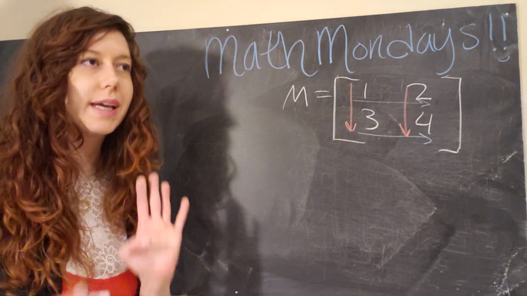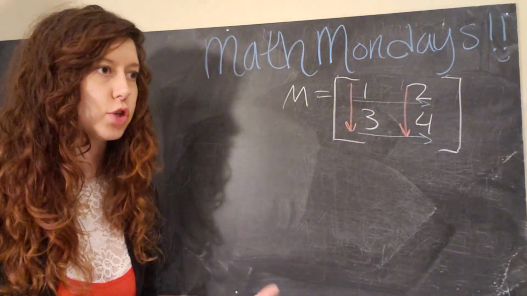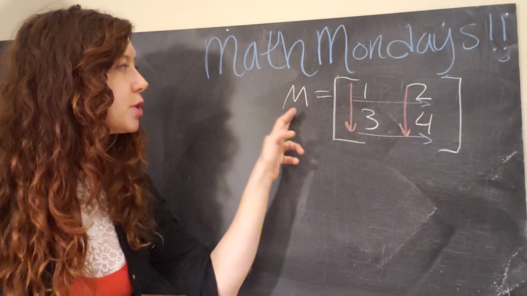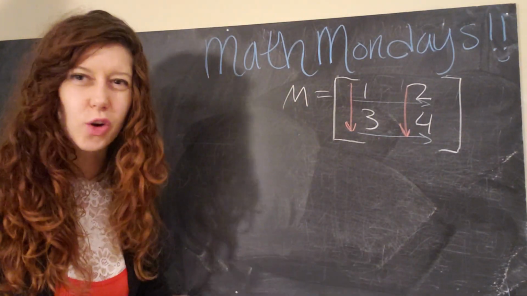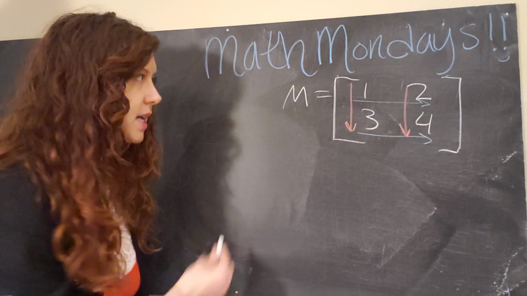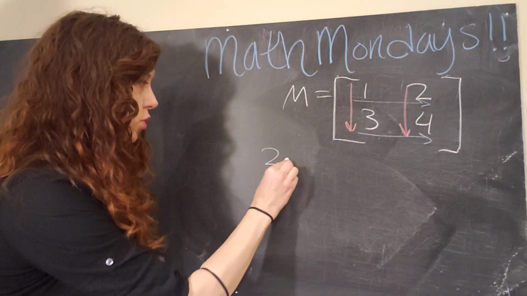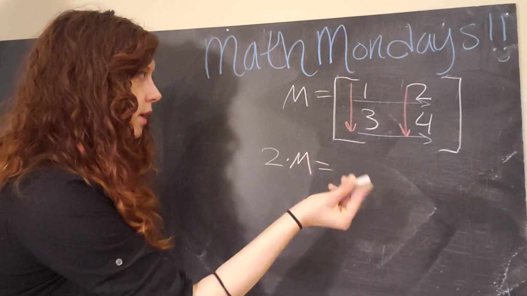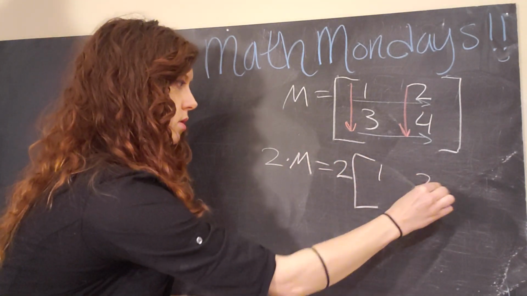Okay, so we can do some things to matrices that are similar to what we're used to. For example, we can multiply our matrix by a scalar, or a regular old number. So I can multiply this by 2, and I could say 2 times M equals 2 times the whole matrix.